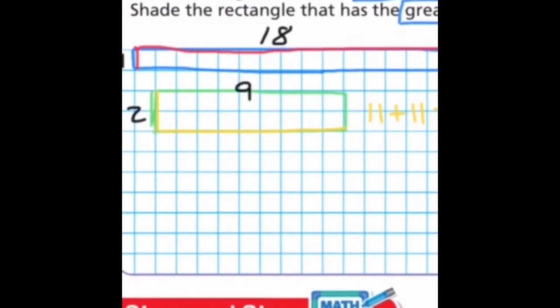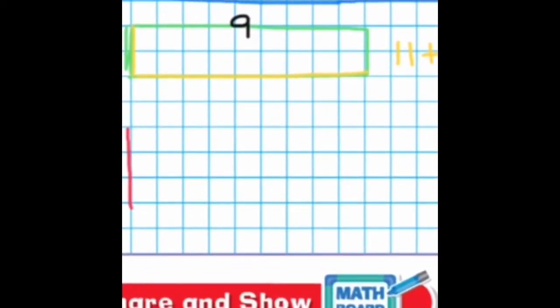All right, so it did tell us to draw 3 rectangles. Right up here, 3 rectangles, so I have one more. And I need to think, okay, I tried 1, I tried 2. Does 3, a height of 3, can I do that? A height of 3, 3 times 6 equals 18. So I draw my height of 3, and I go over 6. 1, 2, 3, 4, 5, 6.